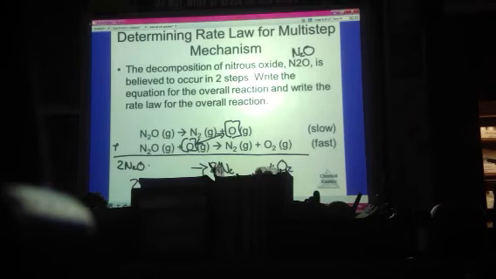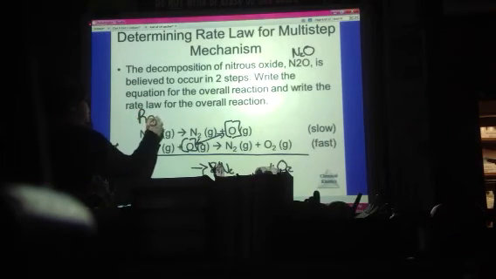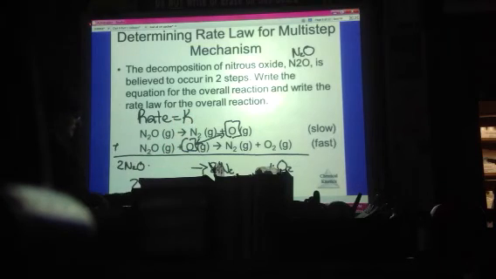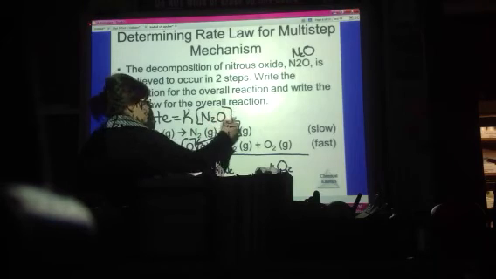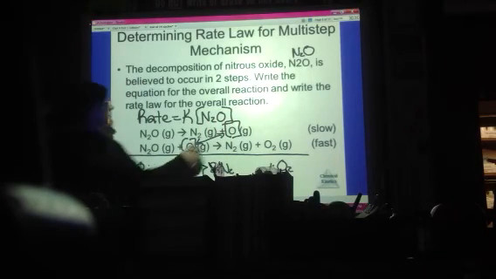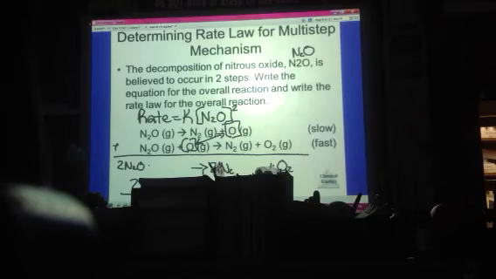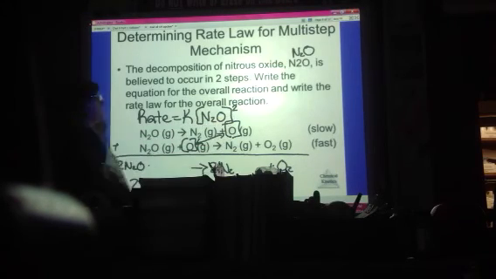Now they're asking me to write the rate law. So if I want to write the rate law, how would I do that? Rate equals k, my reactant is here, N2O. And there's a 2 in front of it, which you may say, okay, well it has to be squared then, because there's a coefficient 2 here, so it has to be second order.